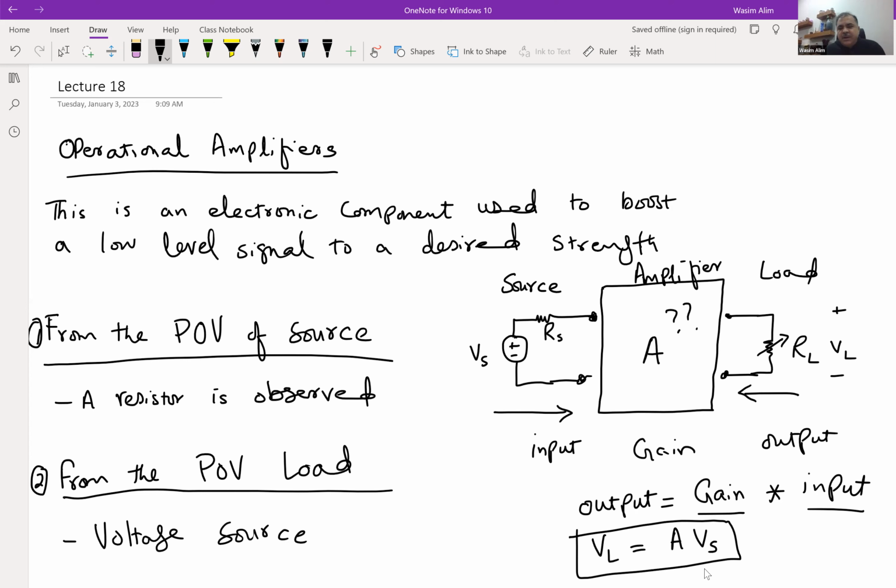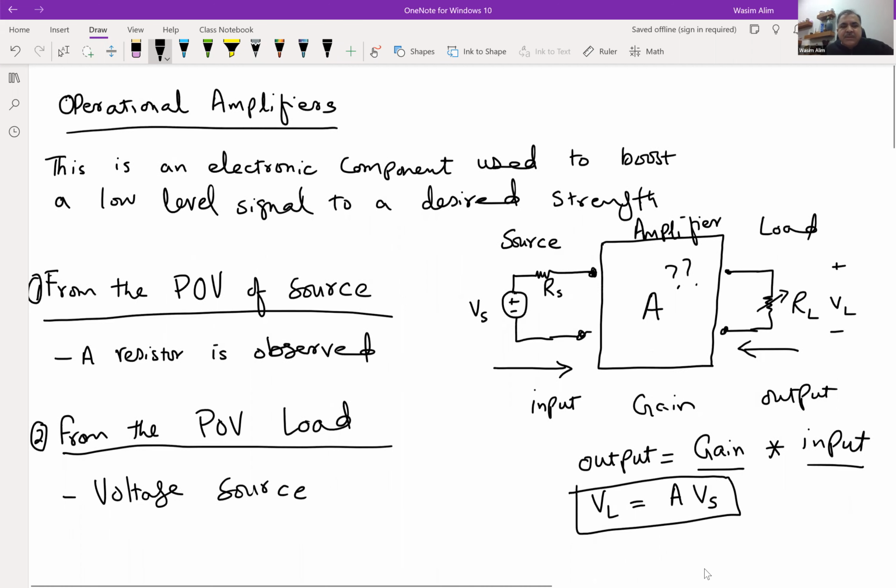So as I mentioned earlier, the internal structure we're not too much concerned with at this point in this course, but in future you will see it. So we're not concerned with what type of transistor it is, what is the bias circuit around it within that amplifier, but we are going to be modeling it using the components that we are familiar with in this course.